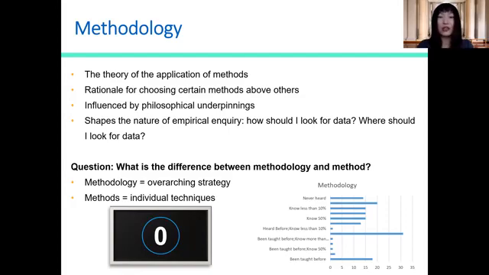Methodology, compared with method, is a little more abstract. The method is more the practical side of it. The methodology is an overarching strategy, and as we said earlier, the two most commonly used are quantitative methodology and qualitative methodology.